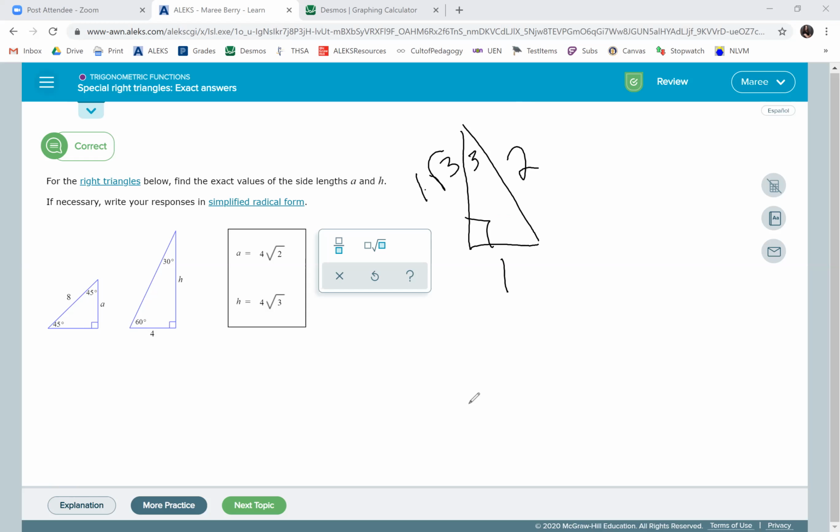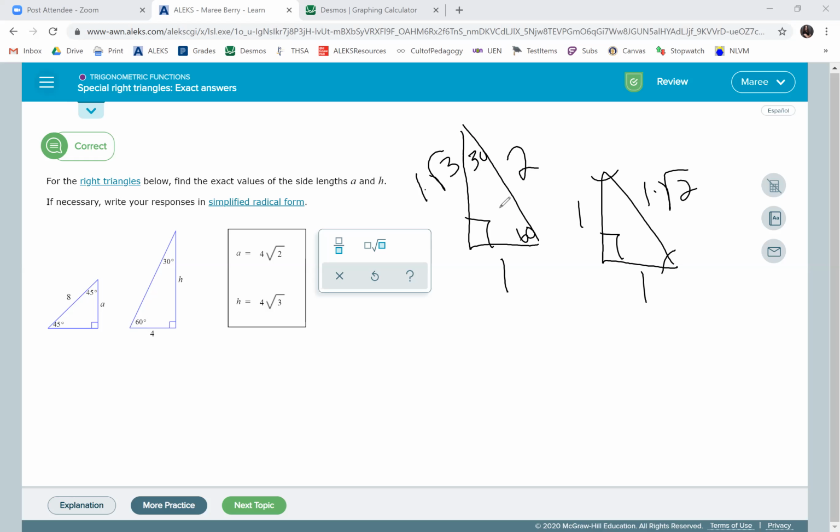This one's 30, that one's 60. Then for 45-45-90, whatever these side lengths are, you multiply by square root of 2, and that gives you the hypotenuse. So really, you just want to have these written down as you do them.